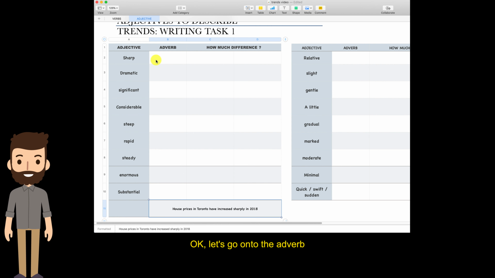Okay, let's go on to the adverb. Sharp, the adverb would be obviously sharply. How much of a difference? Sharp is a lot. Dramatic would be dramatically. How much difference do you think?